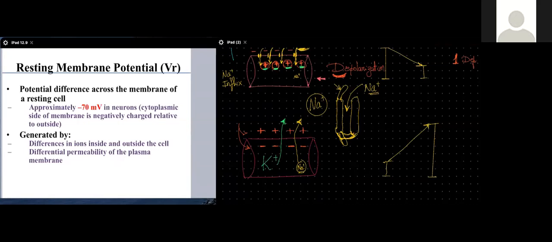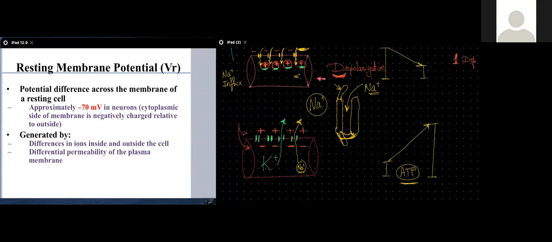And this is going to need ATP, it's going to require energy, and more importantly, it's going to take longer. So what's going to be much faster to regain your resting membrane polarity is for you to open potassium channels rather than sodium.